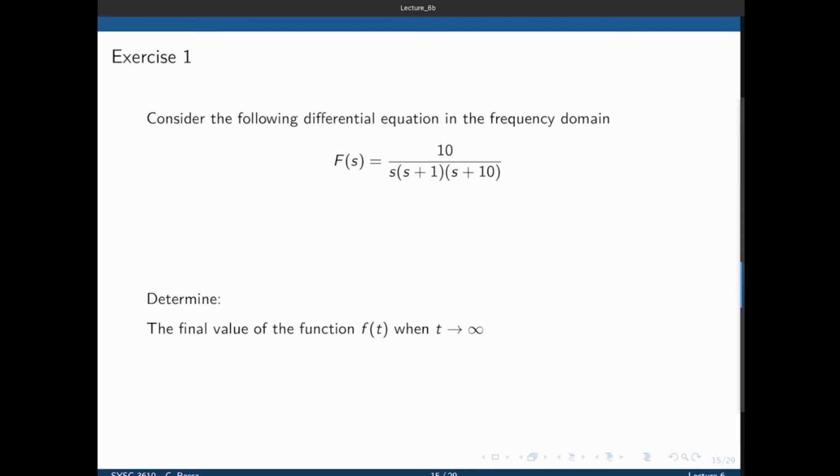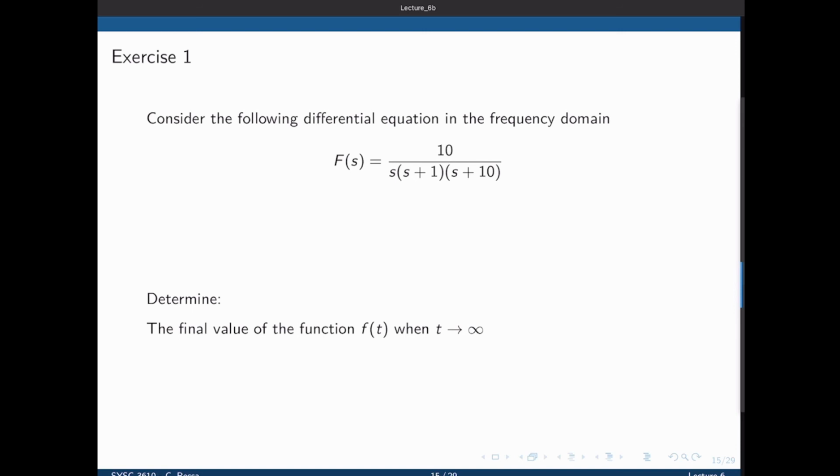So it ends up with 10 over 10. So it's 1. Right, so it's the limit of F(s) times s when s tends to 0, and that indeed only leaves you with 10 over 10, which is 1.